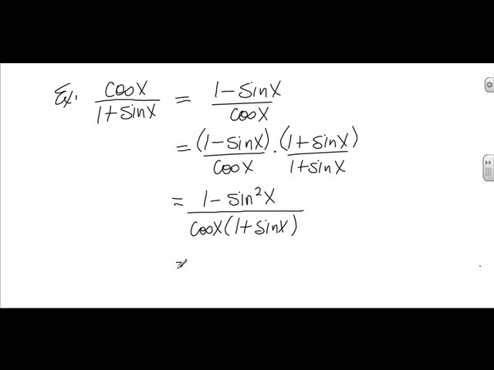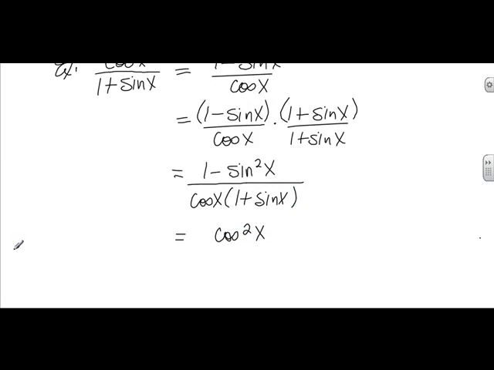So I'm going to change that numerator. That comes from the Pythagorean identities that sine squared plus cosine squared equals 1. So if you move the sine squared over and change its sign, you have cosine squared equals 1 minus sine squared. So that's why that's okay to do.